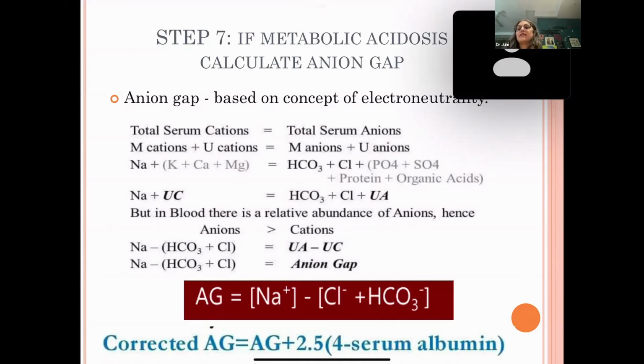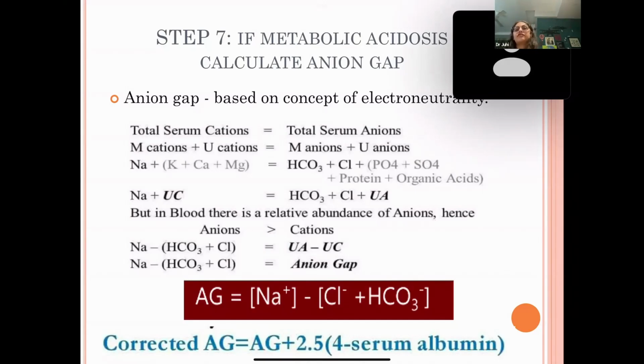Okay, next, there's something called corrected anion gap. What does that mean? If the patient has a low albumin, they found that in low albumin states the anion gap value also changes, so there we need a corrected anion gap.